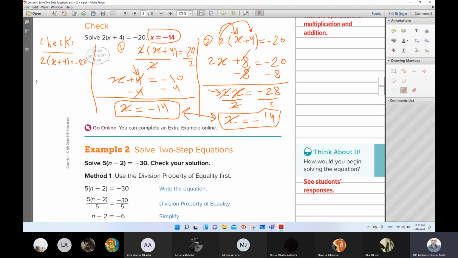So in the first side here we have 2, multiply between parentheses, the value of x will be negative 14 plus 4. Is it equal negative 20?